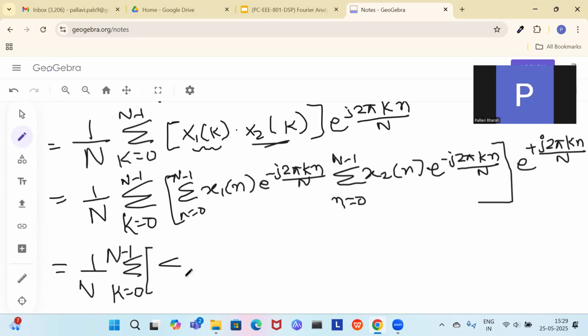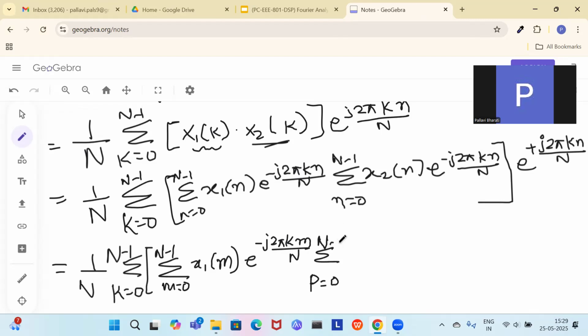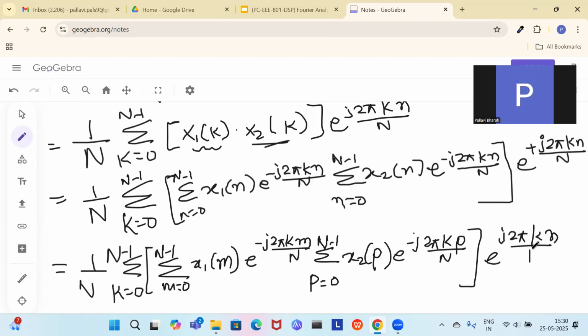This small n, change it to m: m equals 0 to N minus 1, x1(m) e to the power minus j2 pi km by N. This one changed to p: p equals 0 to N minus 1, x2(p) e to the power minus j2 pi kp by N. So n is changed to p and n is changed to m, just for distinguishing. And this is e to the power j2 pi kn by N.